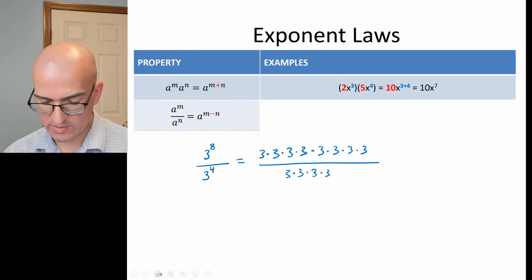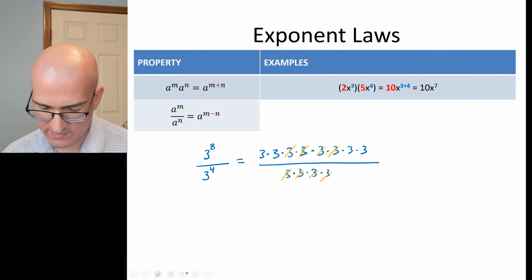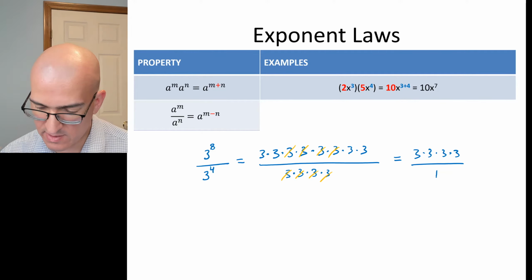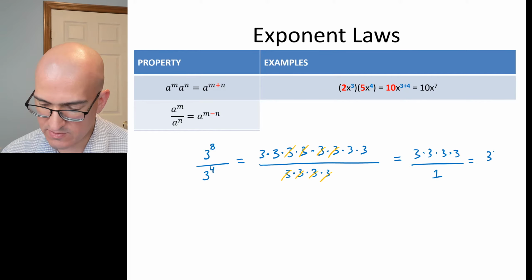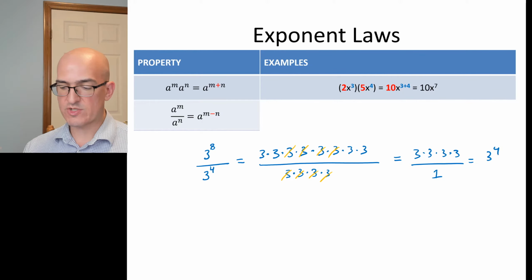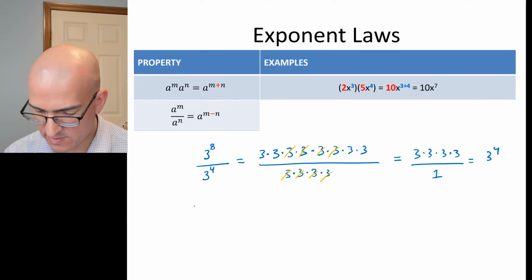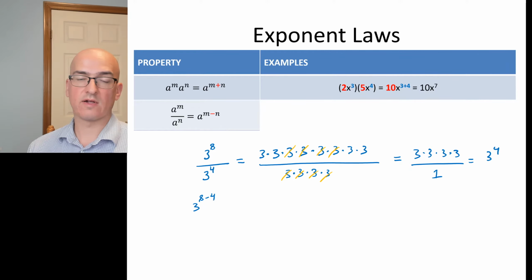Now what we can do is cancel. What do we have left? Well, down below we have a 1. Up above we have 3 times 3 times 3 times 3 over 1, which is 3 to the power of 4, which is what we got by subtracting the powers. 3 to the power of 8 minus 4, not dividing the powers.